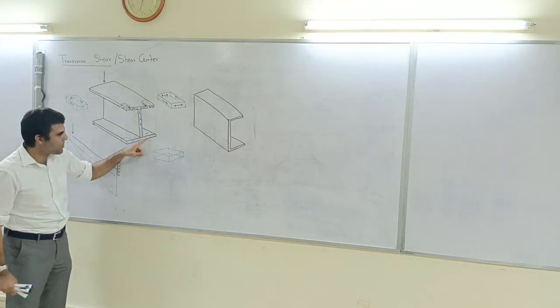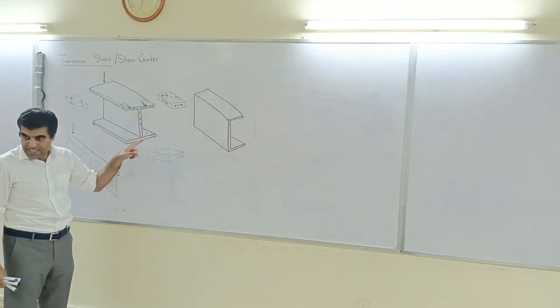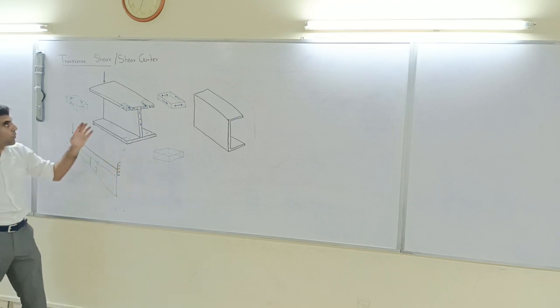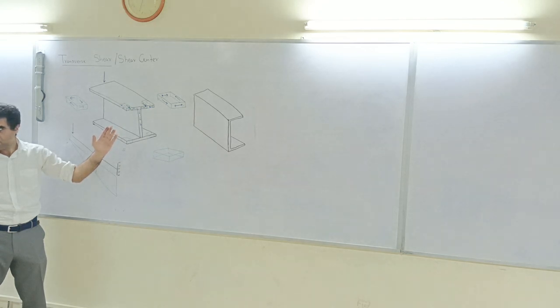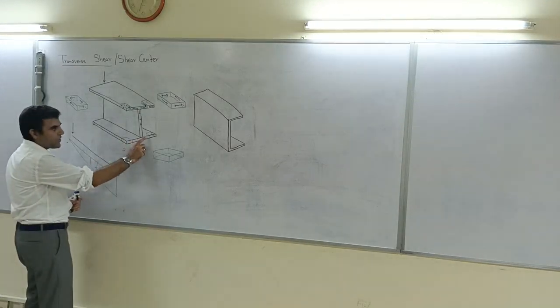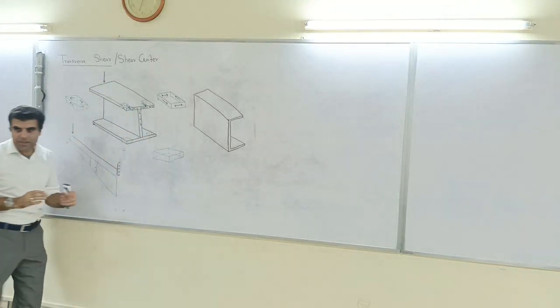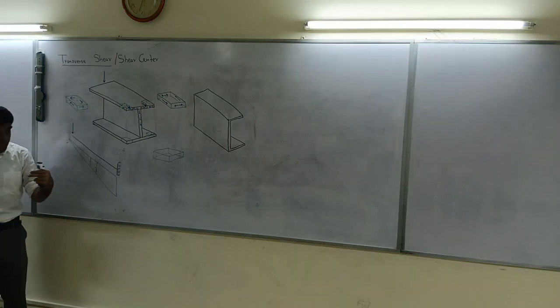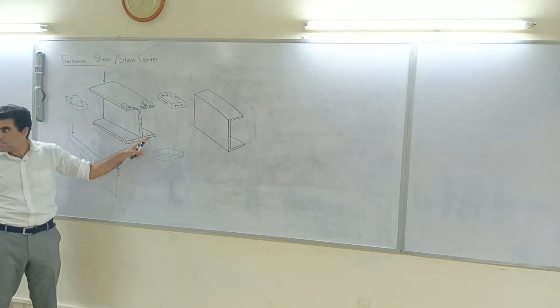Now the compression force which is closest to the root, which one is bigger? The one towards the load, that compression force is bigger, which is in this direction, towards the support.